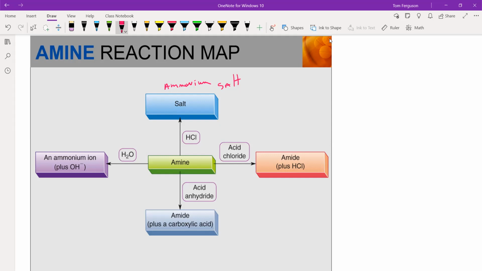That's why the amine is considered a base. In an acid chloride, we're going to form the amide, leaving the residual acid part left over. Same with the anhydride.